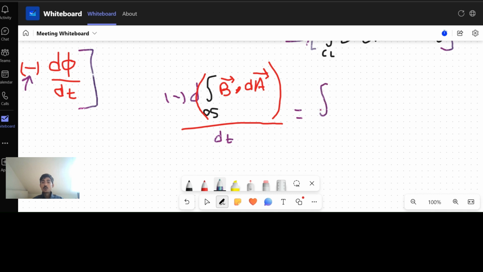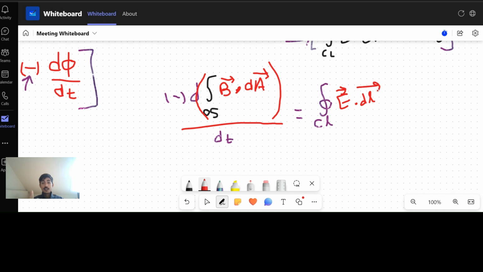This is equal to the closed loop integral of E dot dl, not dA, E dot dl.